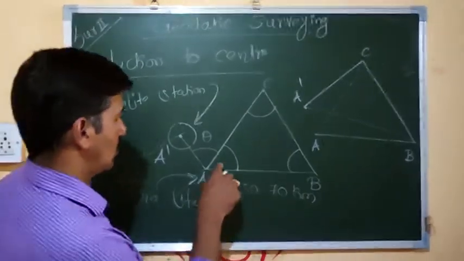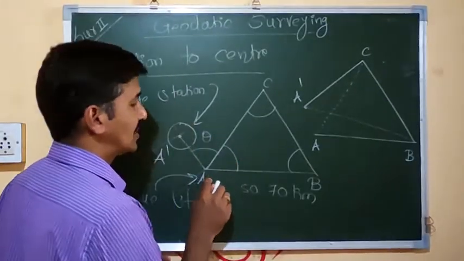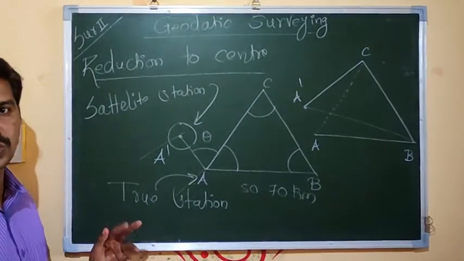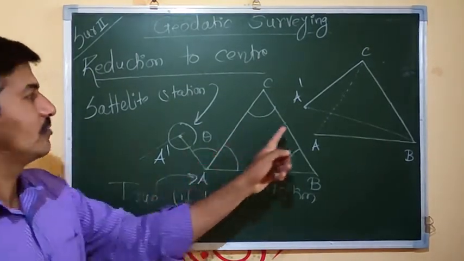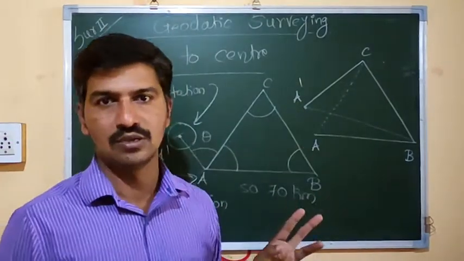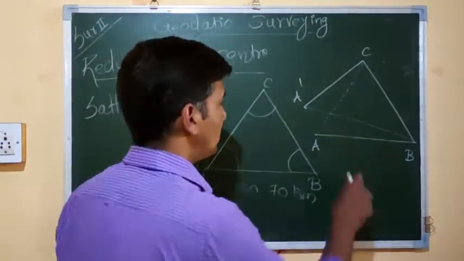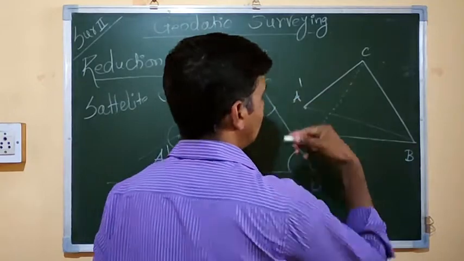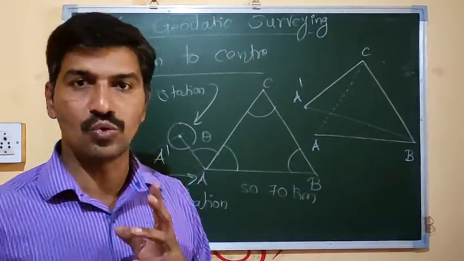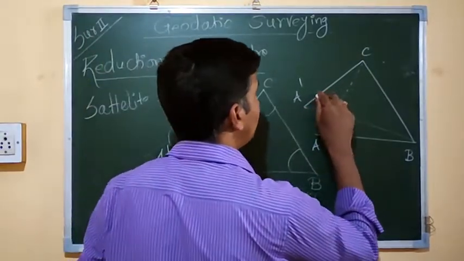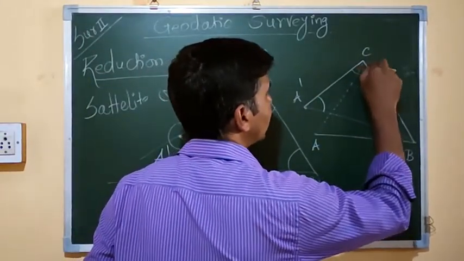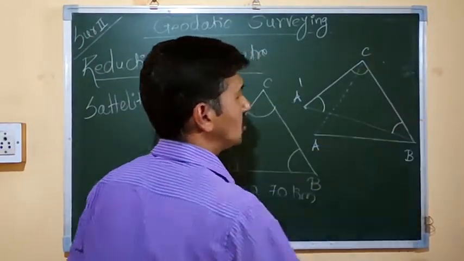Now, as we are not considering point A, which is our true station, but we are considering point A dash as our satellite station, whatever angles we measure will be from the new satellite station.